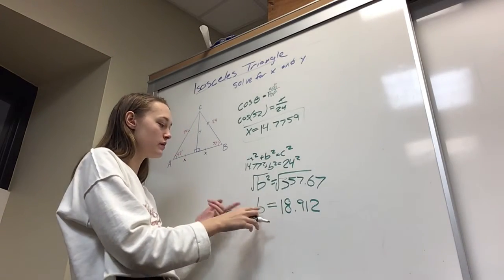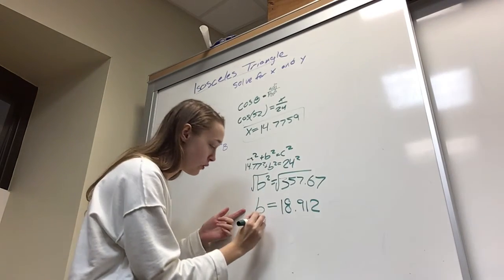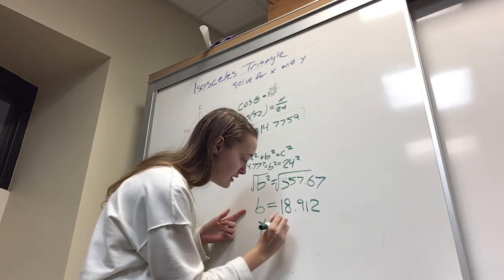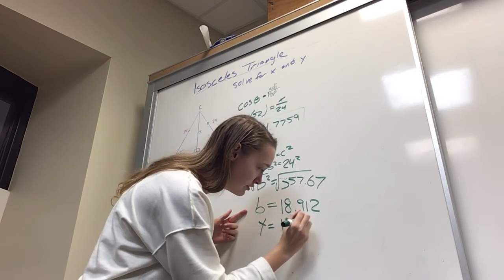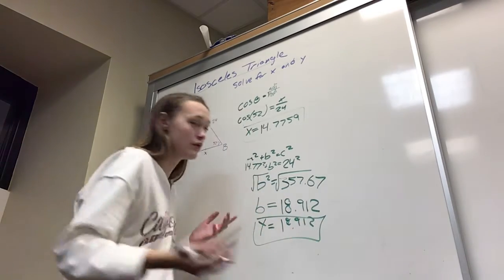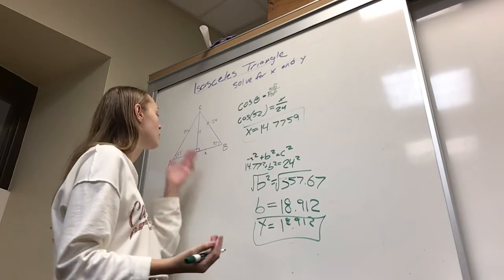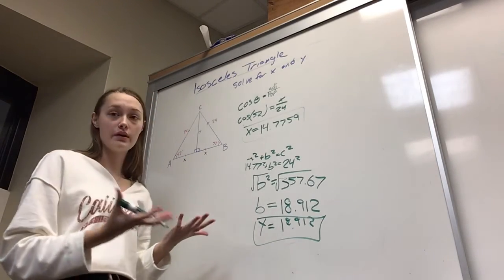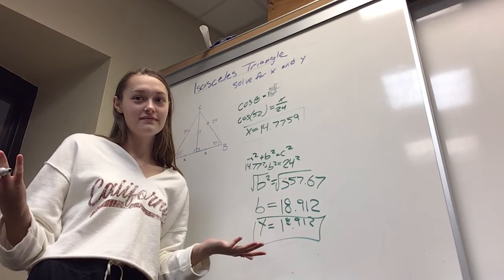So in this case we use b, but it's the same as y. So we know that y equals 18.912. And that's our final answer. We have solved for x and y in this triangle, and we now know all parts of the triangle.